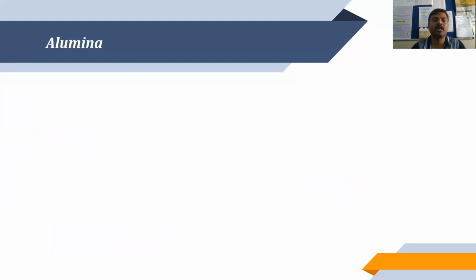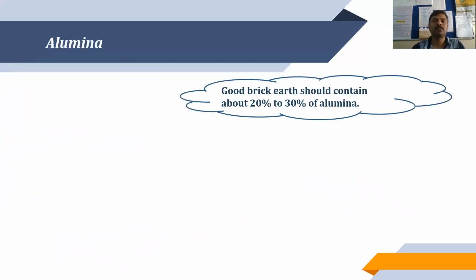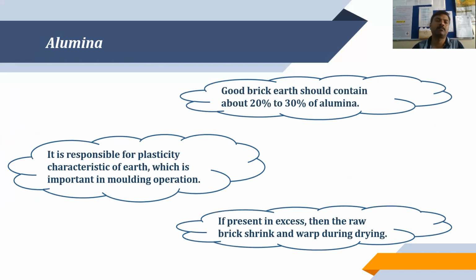Next is alumina. This is one more ingredient. Three basic properties are added by alumina to a first class brick. A good brick earth should contain about 20 to 30% of alumina. It is responsible for the plasticity characteristics of earth, which is important in the molding operation.